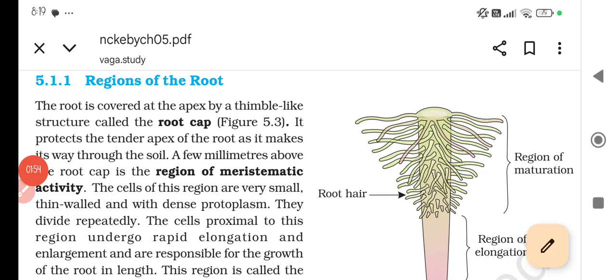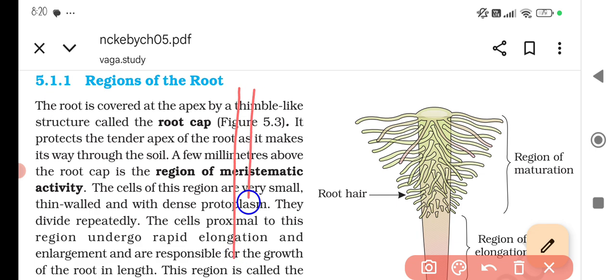In the shoot system, if we see the stem, it is differentiated into nodes and internodes. Node is the region from where the leaves arise, and the region between two nodes is known as the internode. Suppose this is the stem and these are the nodes.